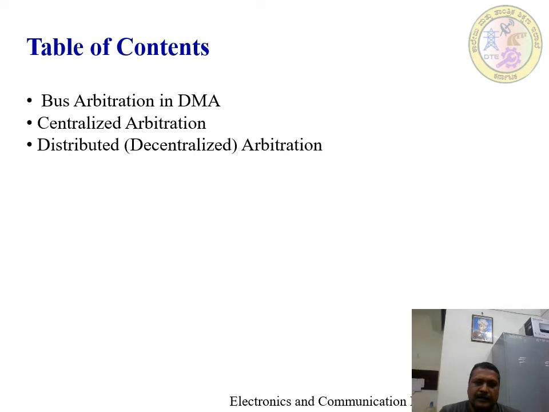The buses are taken over, or stolen, by the DMA controller. So this is what we have seen in the previous session: what DMA means, the different types of DMA, and the use of the DMA controller.